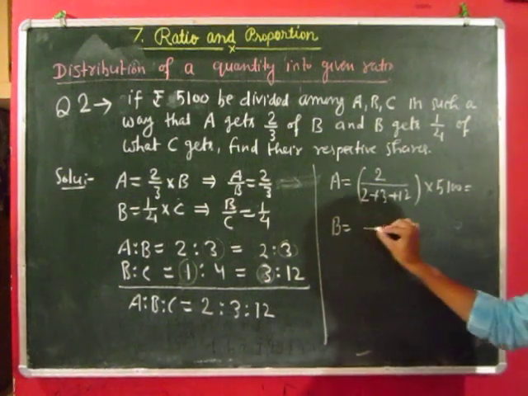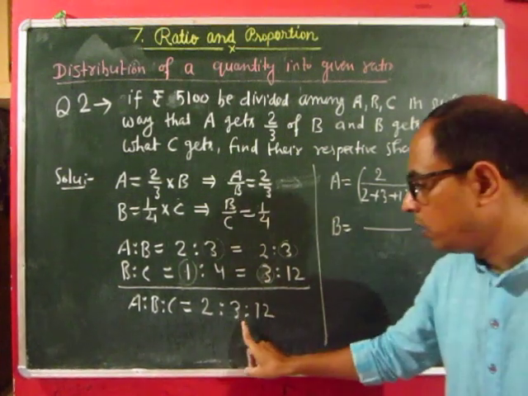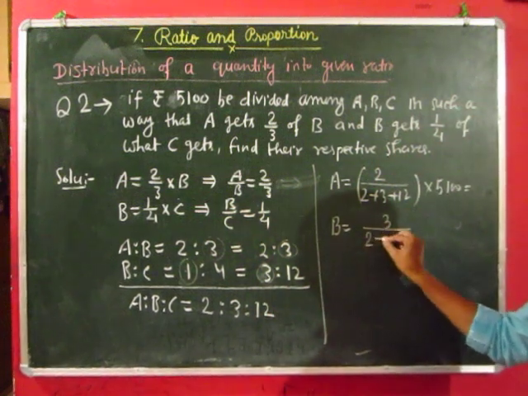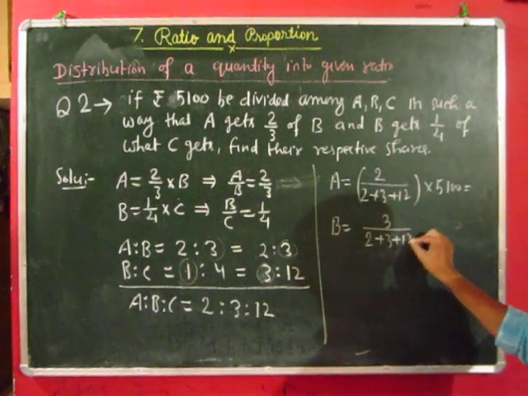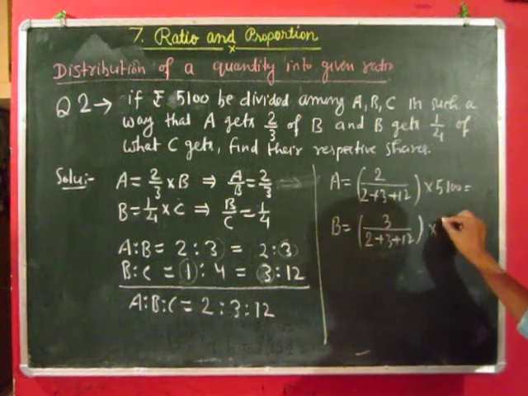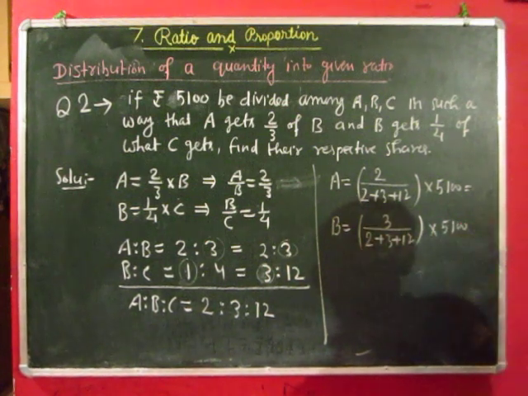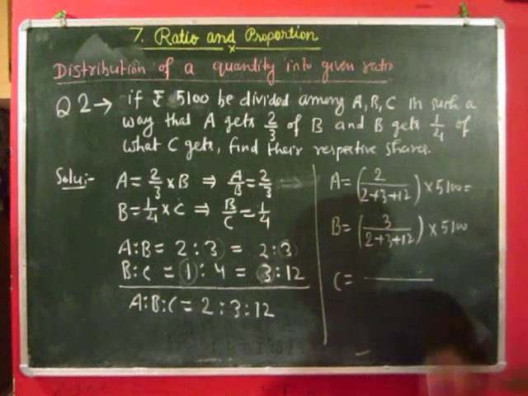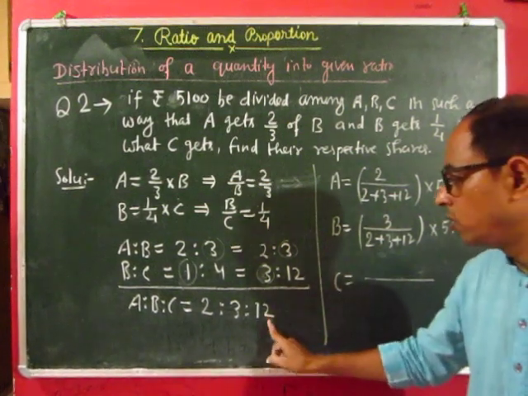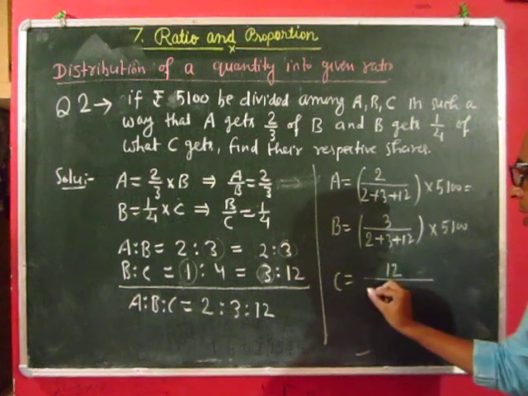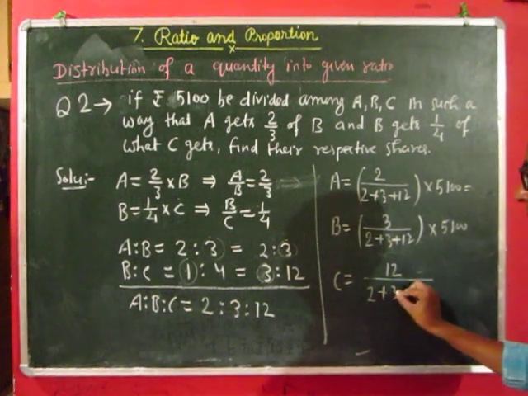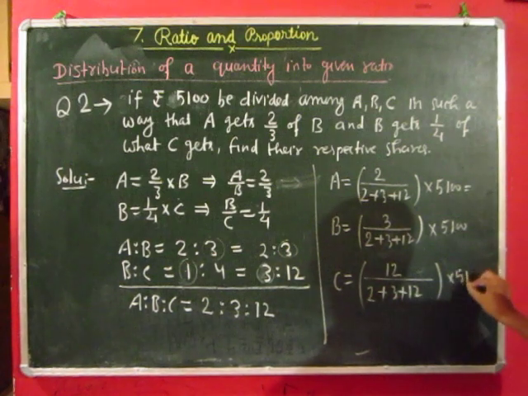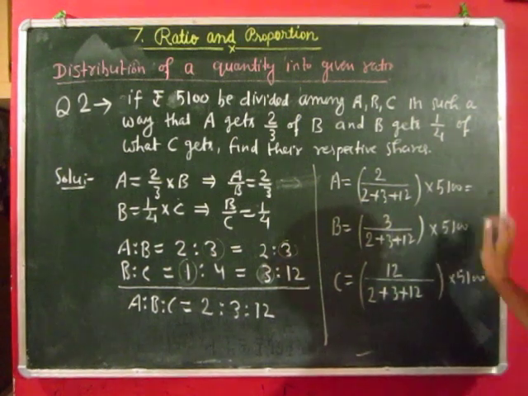The term corresponding to B is 3, over 2 plus 3 plus 12, into 5100. Now simplify this. For C, in the numerator write the term corresponding to C, 12, over 2 plus 3 plus 12, into 5100. Now multiply this, you will get the answer.